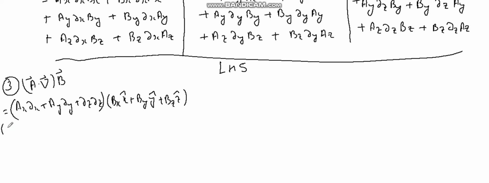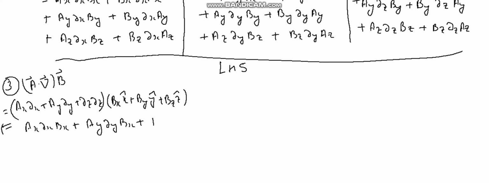So again we will get Ax del x Bx plus Ay del y Bx plus, okay, this is not del, actually this is Az.